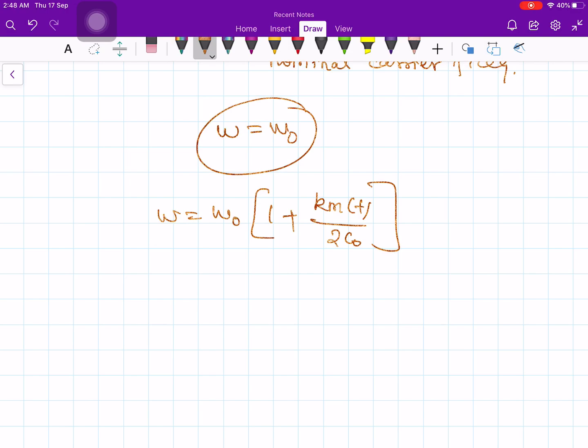Now let me rewrite this again. Omega naught times 1 plus Kf dash, if it is a frequency modulated signal, times m of t.